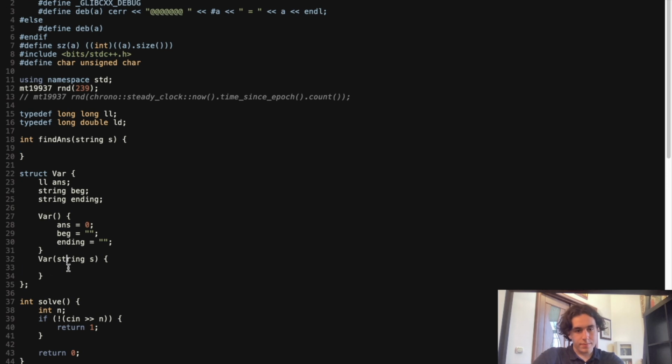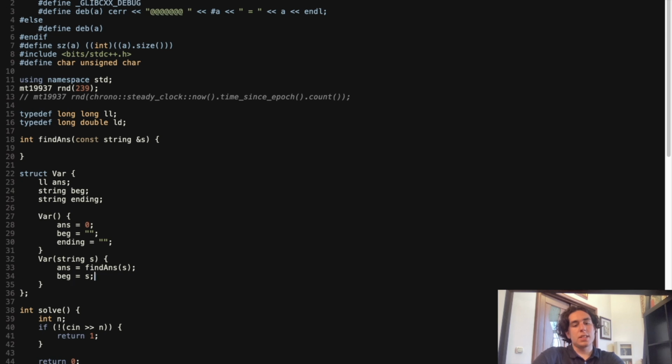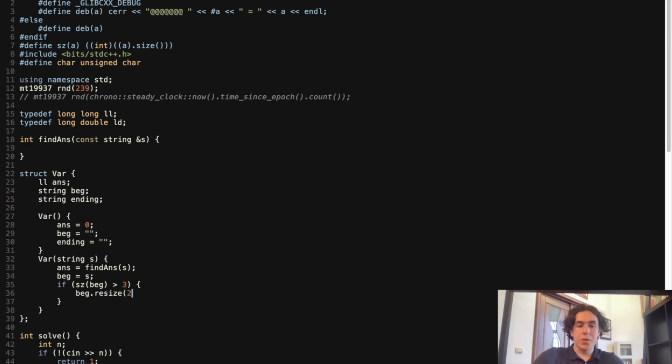Beginning is S. If beginning is more than 3, then resize to 3.